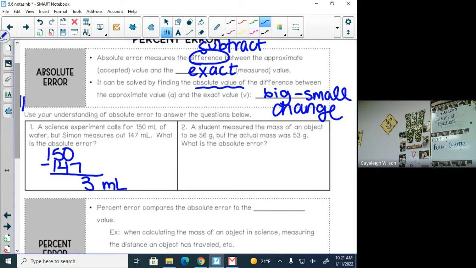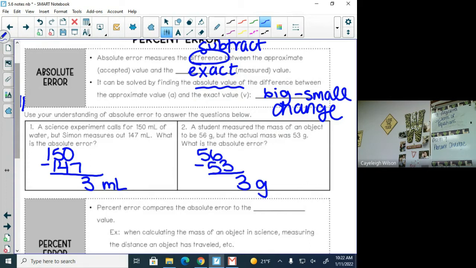All right, number 2. A student measured the mass of an object to be 56 grams, but the actual mass was 53 grams. What is the absolute error? So I just subtract them. I would subtract the big minus small, so 56 minus 53 is again 3 grams of error.